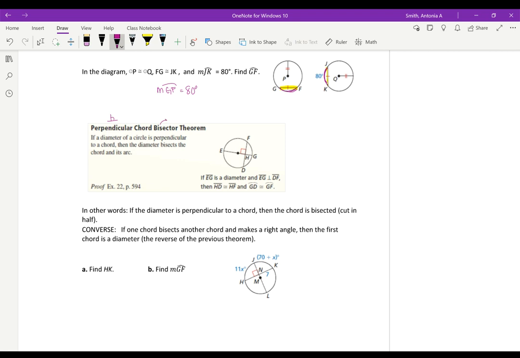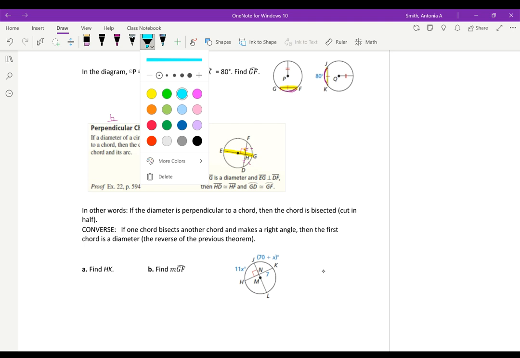Remember the word bisected means cut in two equal pieces. Okay, so you can see that this diameter EG makes a right angle with this chord, which means that it cuts it into two equal pieces, and it cuts that arc into two equal pieces.